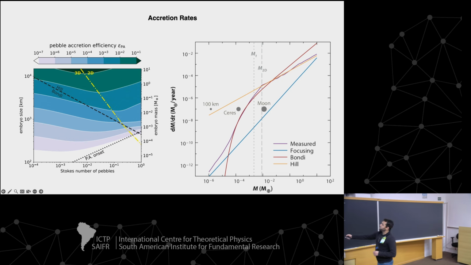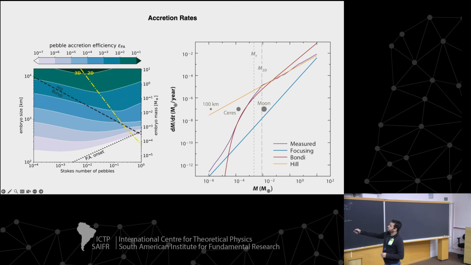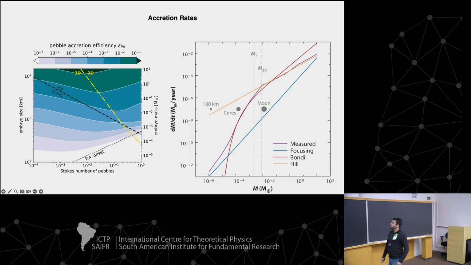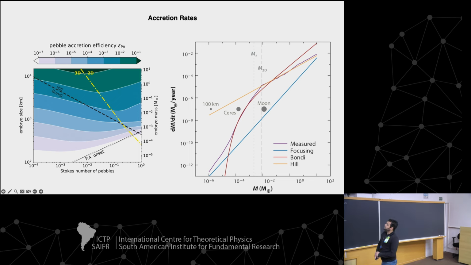So this is the onset of pebble accretion. The axis here is the size of the embryo, the planetary body that is doing the accretion. The size here, and then the same thing translated to mass, assuming a density of about 3 grams per cubic centimeter. What you have here are different regimes of accretion.